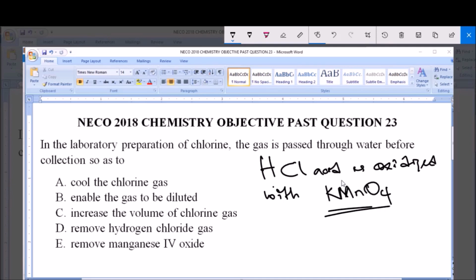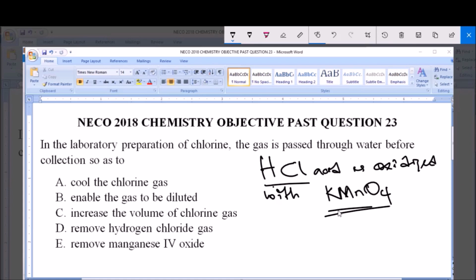Now, once this hydrochloric acid touches this potassium tetraoxomanganate VII, what happens? A small amount of hydrogen chloride will be evolved, together with chlorine gas.